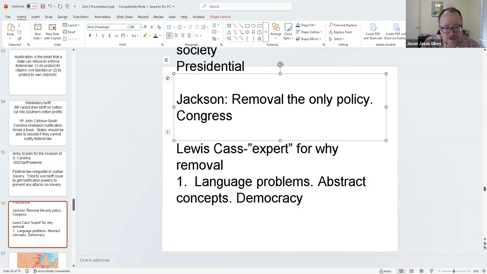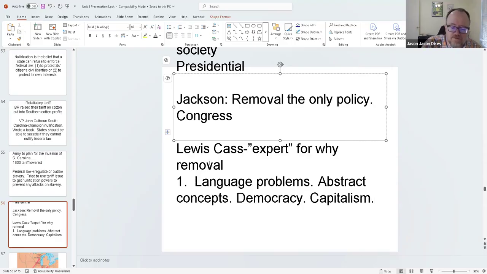Do we mean direct democracy, participatory democracy, representative democracy? What kind of democracy are we talking about here? We would start coming up with differences. And if we as Americans cannot agree on a definition for the word democracy, what chance do Native Americans have? Capitalism would be another word, right?